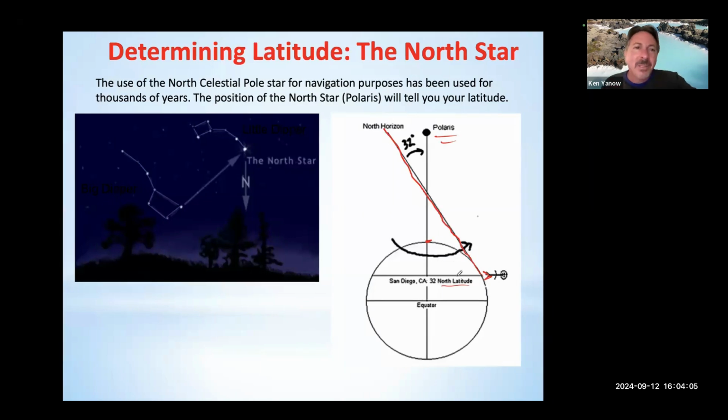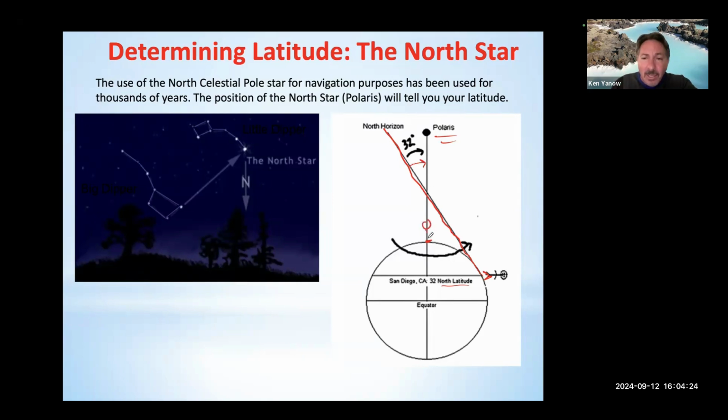Just imagine that you go outside, look north, and look out toward the horizon. If you then look up and see Polaris, the angle that Polaris makes with your north horizon is what your latitude is going to be.